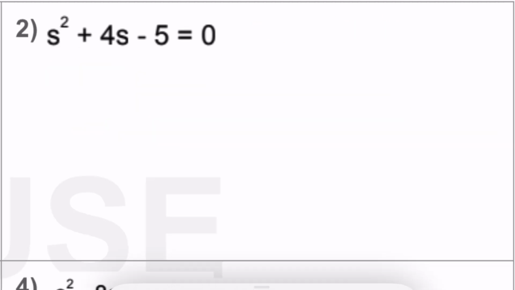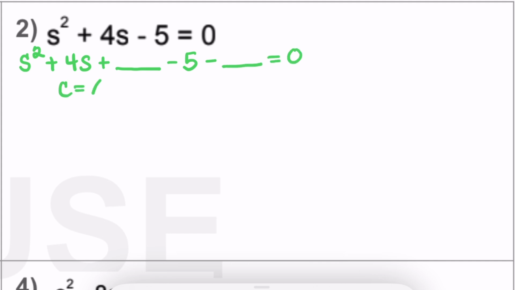For problem number 2, s squared plus 4s minus 5 equals 0. Let's do the same thing. s squared plus 4s plus the value of c minus 5 minus the value of c equals 0. c is equal to the value of b over 2 squared, which is going to be 2 squared, which is 4.